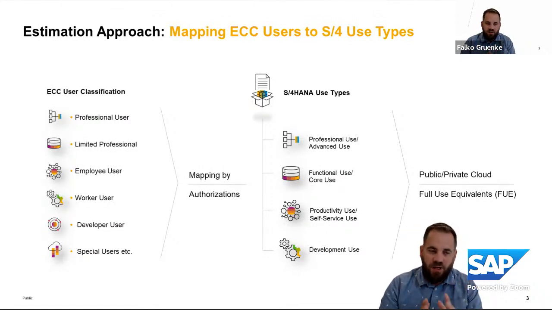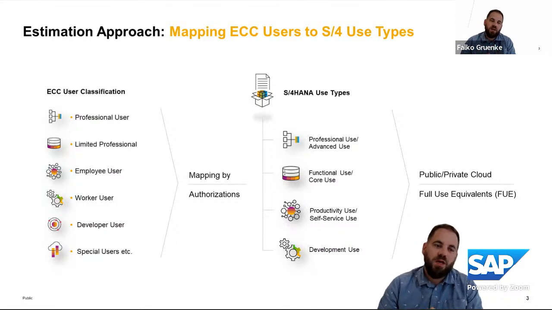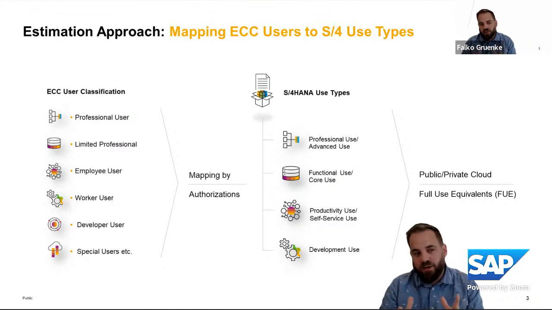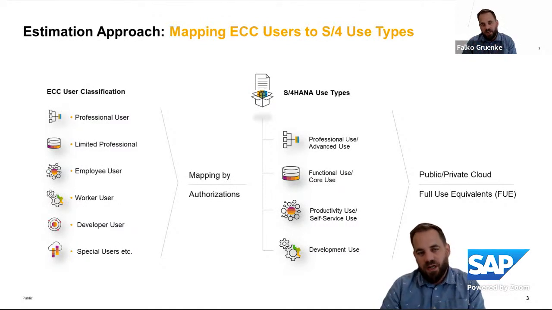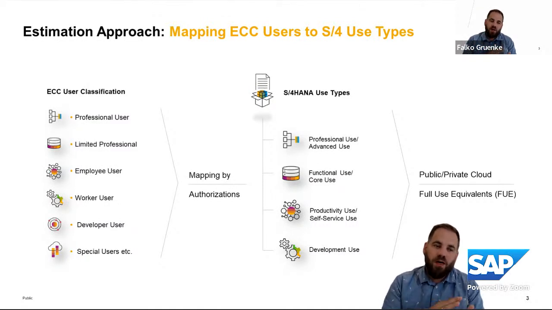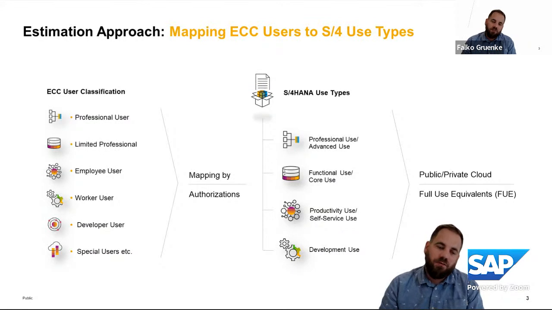Independent of what kind of licenses you have today and what kind of user types you have assigned to the users, we are going across all the users in the system and doing a mapping based on the authorizations which are assigned to the user. So we're not looking into today's license entitlement. It's really based on the authorizations which are assigned to the users.